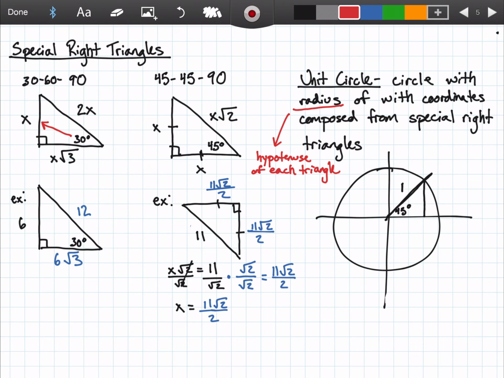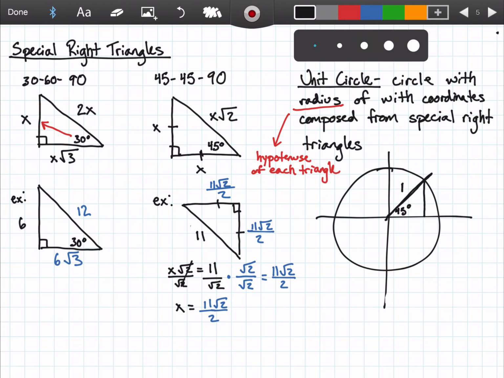And so because of those relationships, I can figure out what the coordinates are. So for example, if it's a hypotenuse of 1 and a 45, I could do the same thing that we did over here. And what I would end up getting is that the coordinates would be root 2 over 2, root 2 over 2.